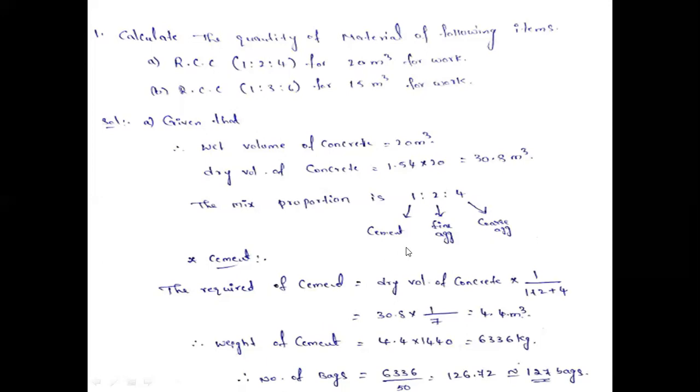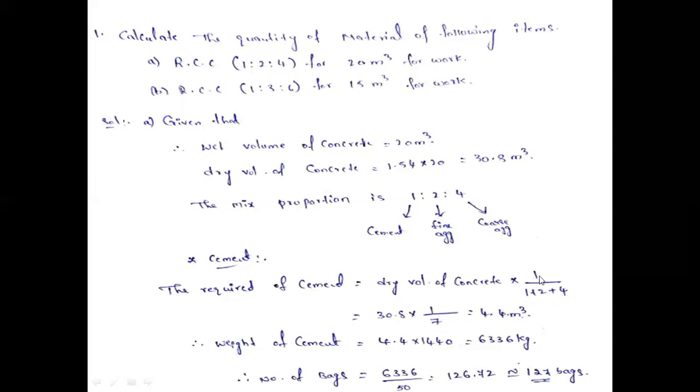So first the requirements: cement requirement, fine aggregate requirement, and coarse aggregate requirement. We find these three requirements. First one is cement. The required cement equals, the formula is, dry volume of concrete multiplied by the cement proportion, divided by the mix proportion, adding cement proportion, fine aggregate proportion, and coarse aggregate proportion. So 1 is the cement proportion.